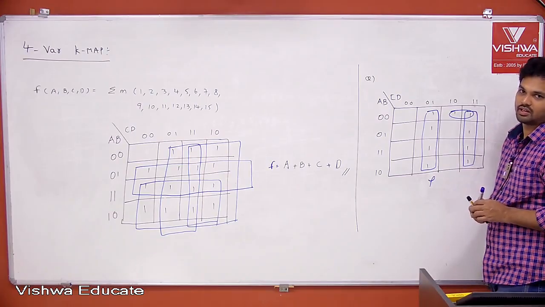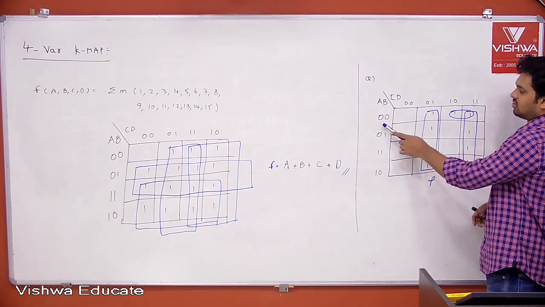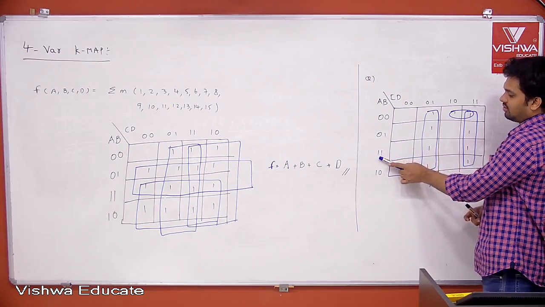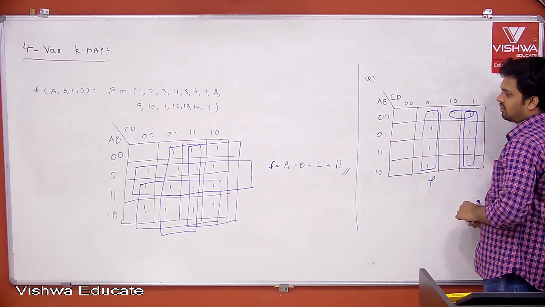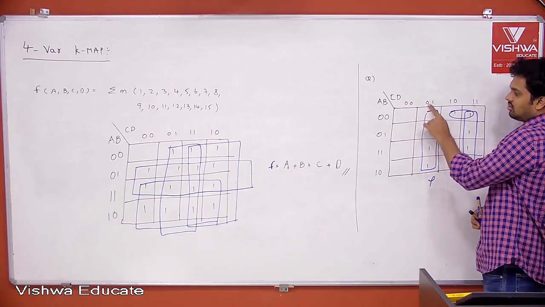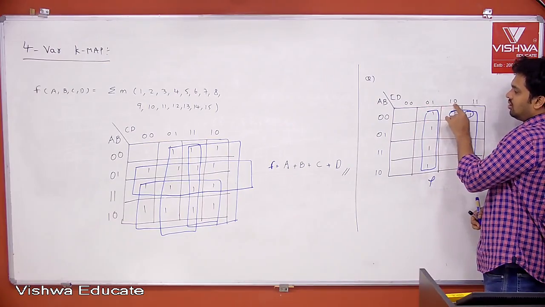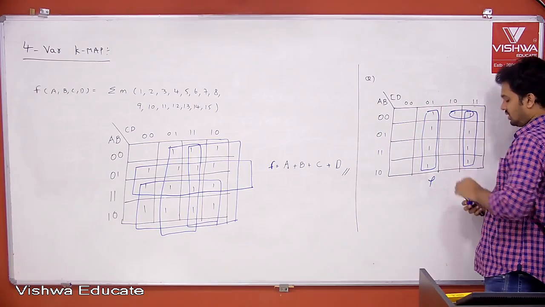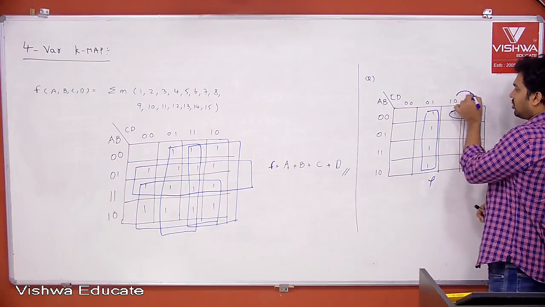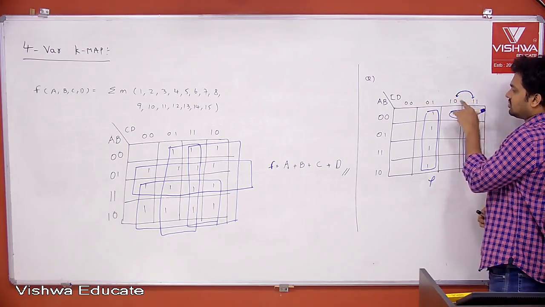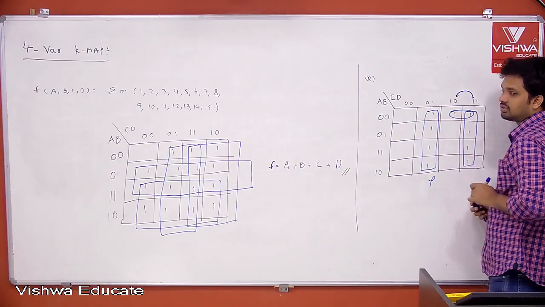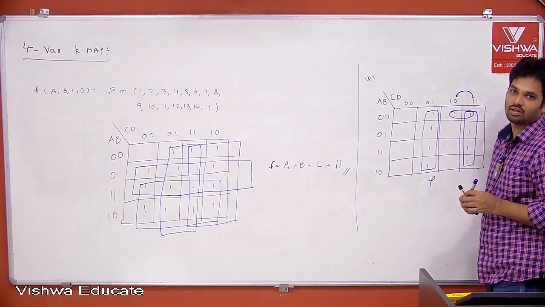You observe very carefully here. 0, 0, 0, 1, 1, 1, 1, 0. Okay. What about this? 0, 0, 0, 1, 1, 0, 1, 1. So it is not given properly. First we should exchange these two columns, then only we should minimize the K-map. Yes or no?